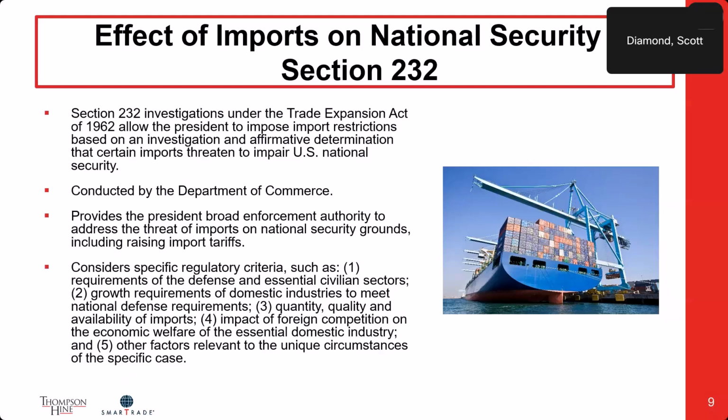Like Section 201, this trade remedy tool has rarely been used. Before the Trump administration, the president had last imposed tariffs or any other trade restrictions in 1986. Of the investigations undertaken since 2017, only 2, steel and aluminum, have resulted in any tariffs or tariff rate quotas.